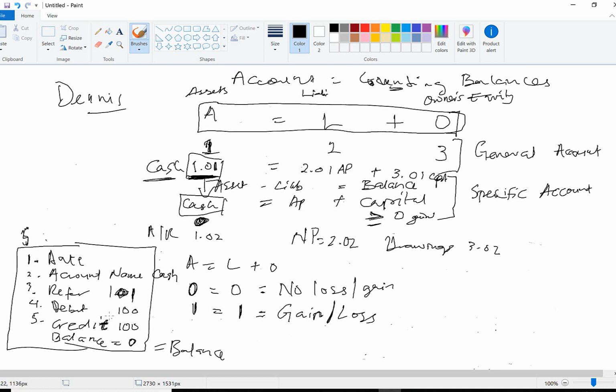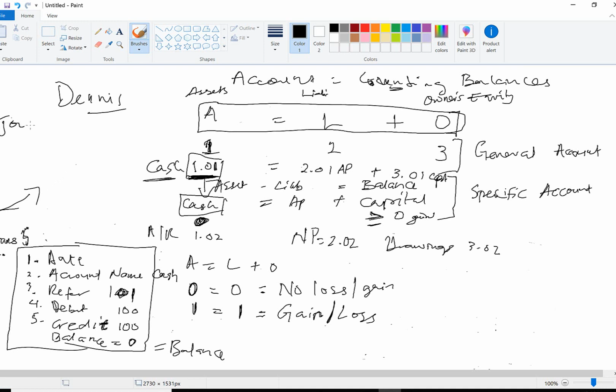So this is the journal and journalizing. Maybe this is the information we call transaction one.